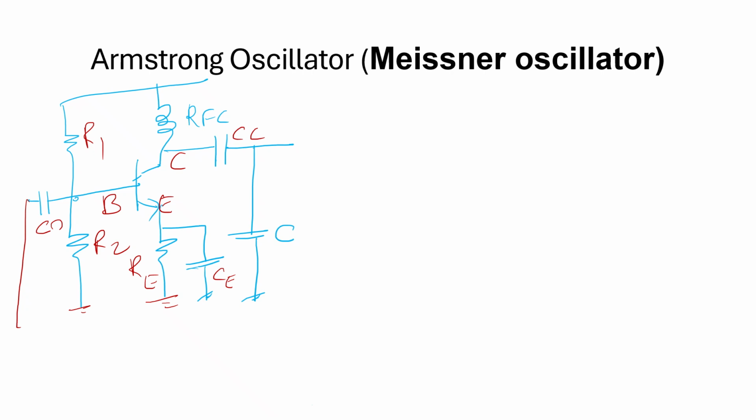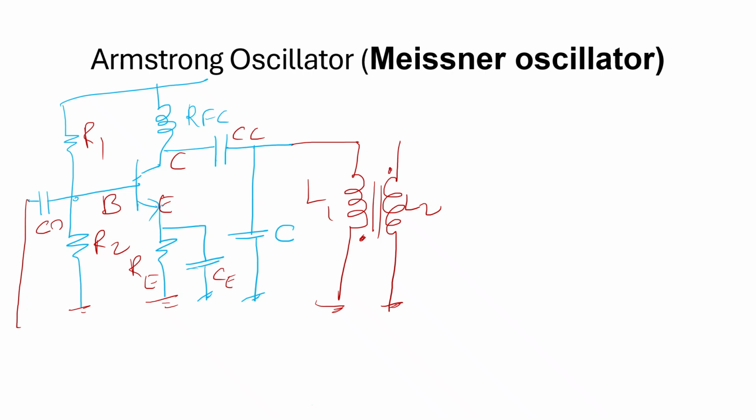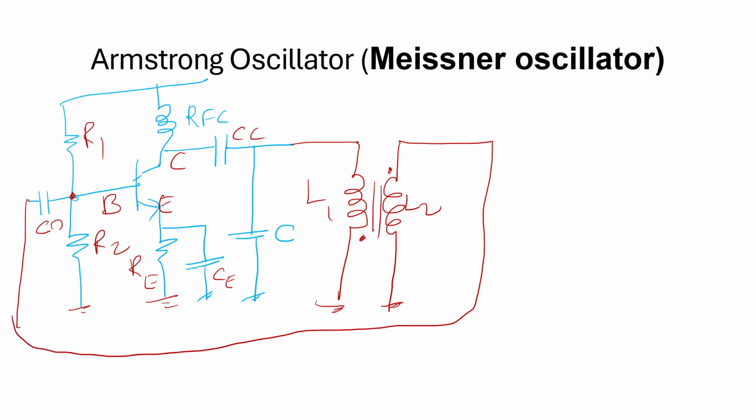Yes, what do we have in the output? The main part of the LC circuit is connected in the output, across the capacitor. Yes, L1 and L2 with mutual inductance in this manner. The output of the L2 inductor is connected to the input of the transistor.